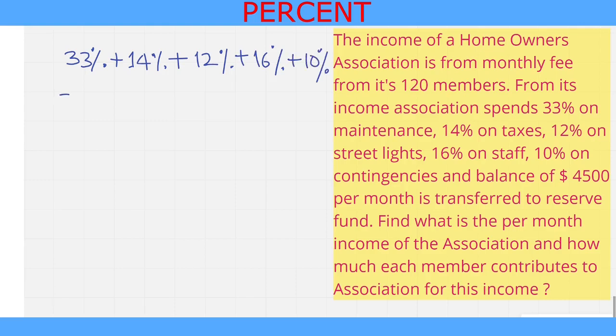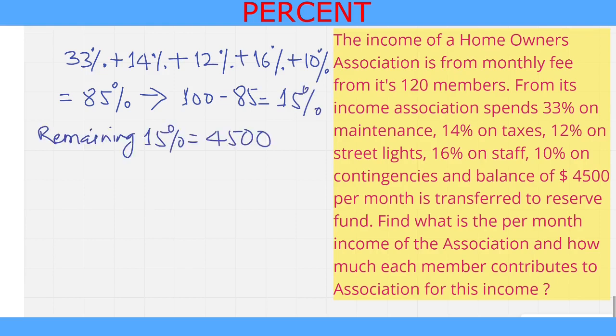This all equal to 33 plus 14 is 47, plus 12 is 59, plus 16 is 75, plus 10 equal to 85. This is equal to 85%. And 100 minus 85 equal to 15% is the remaining amount.